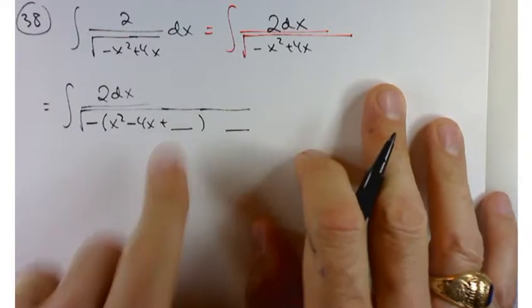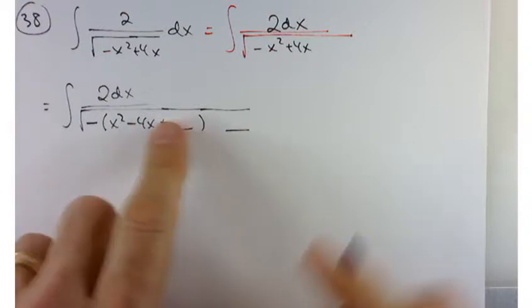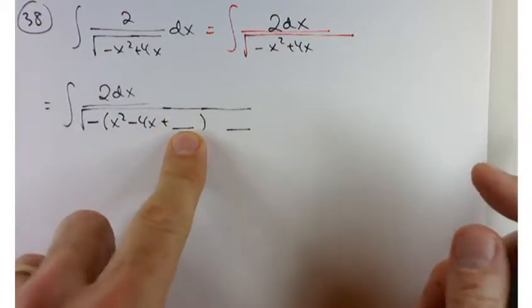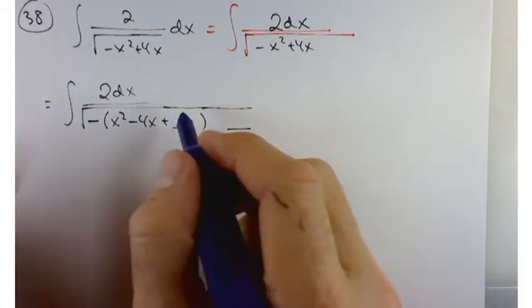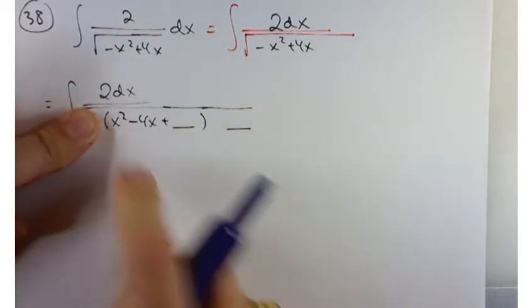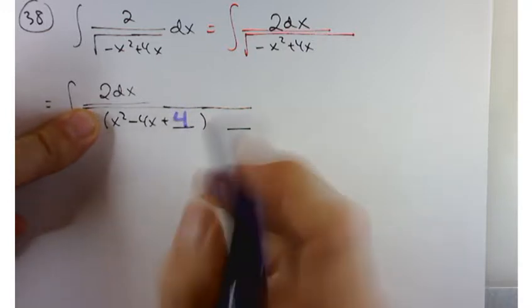Let's work inside the parentheses first. If you complete the square inside the parenthesis, what number are you going to use? Inside the parenthesis, we won't worry about the negative yet. What number goes in here? Positive 4.